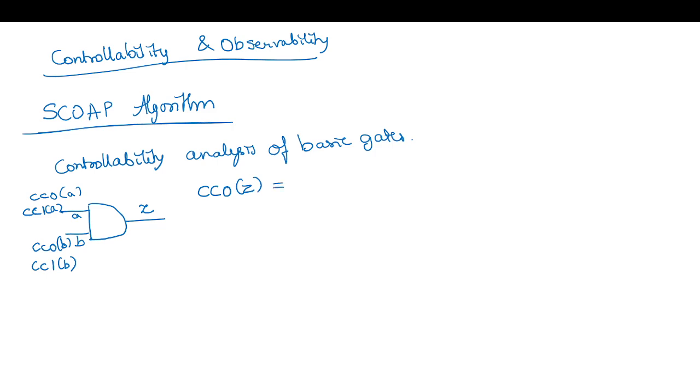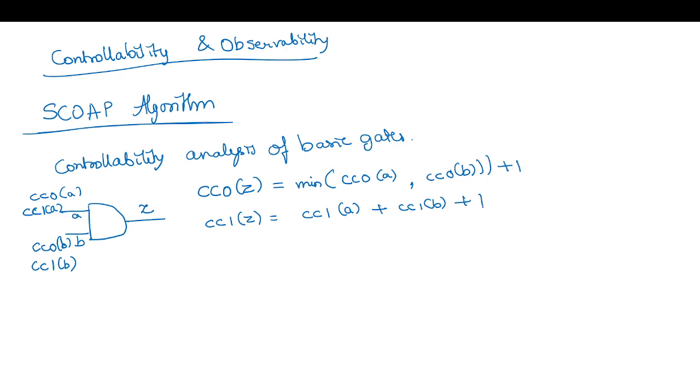For having a 0 here, either one should be 0. So whichever takes the minimum effort between A or B to be 0, and we are coming to the next level, so plus 1. And similarly for 1, both should be 1, so CC1 of A plus combinational controllability 1 for B plus 1 for the next stage. Is this clear?